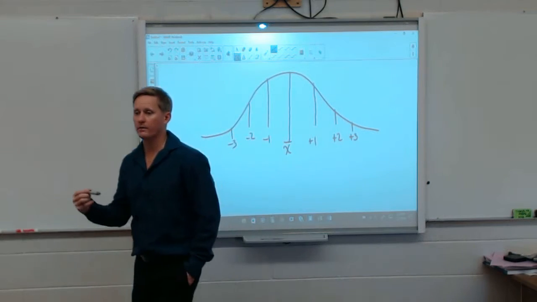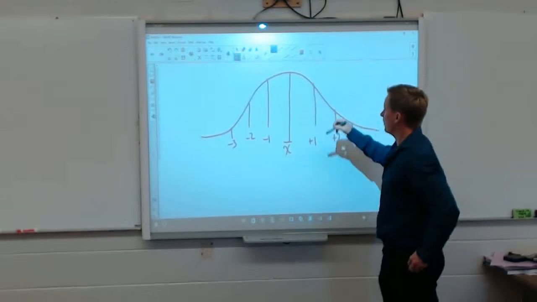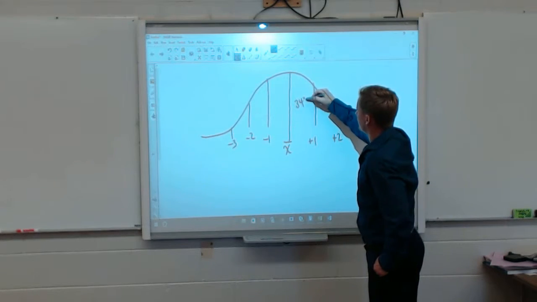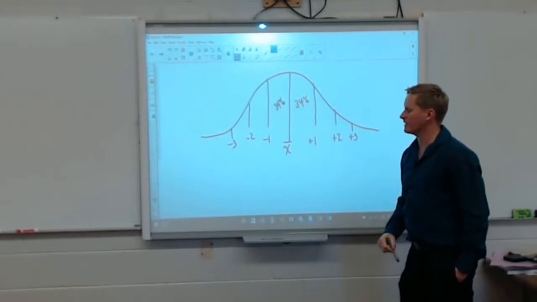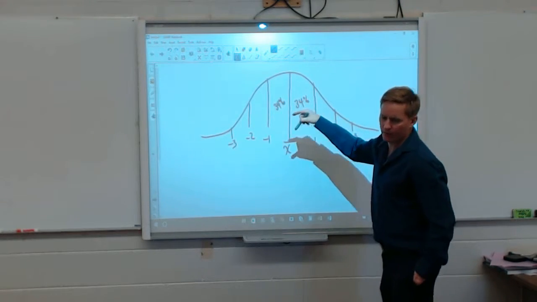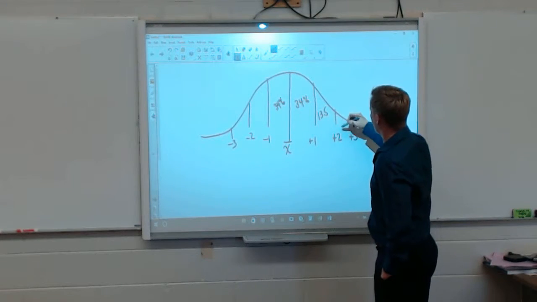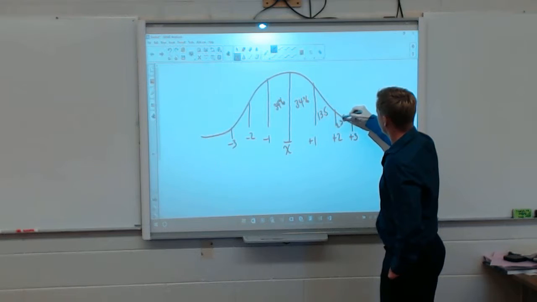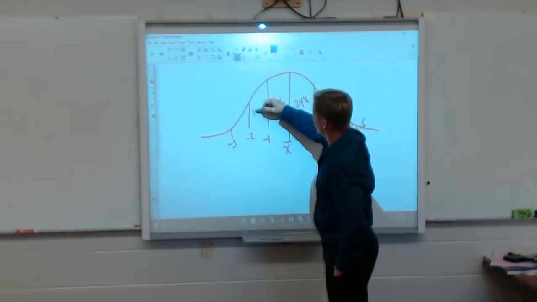So all we looked at was the exact percentages of those. So we know that this is 34% here. This is 34% of your data right there, right? This was what, 14 and a half? 13 and a half, thanks. 13 and a half, and then 2.35, and then 0.15, and then the same thing over here.